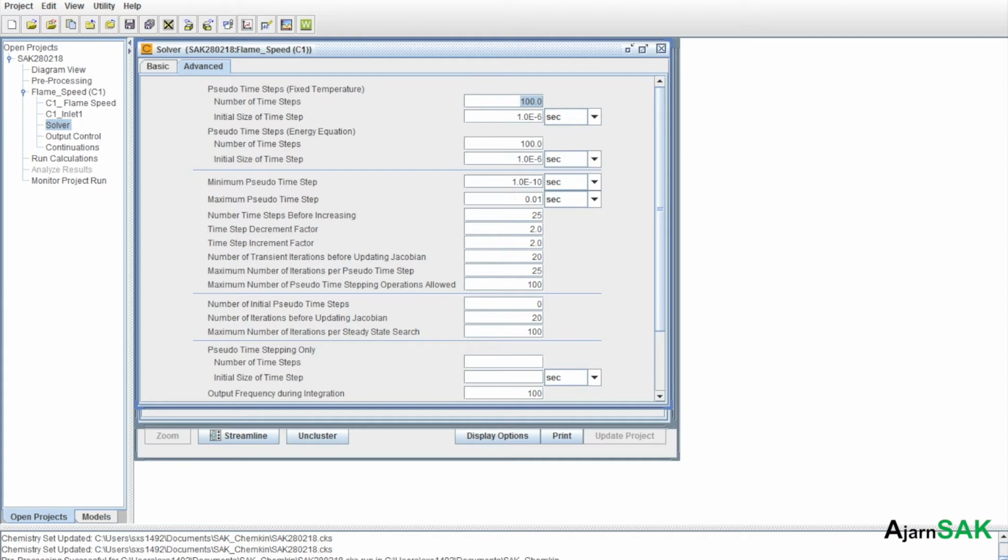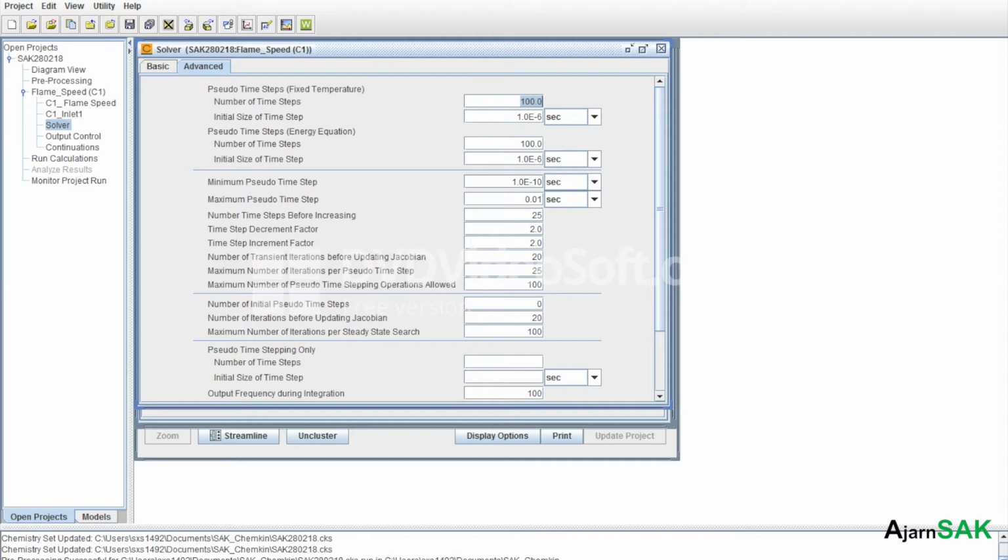It means that your initial time step is too large. Too long. The time that you give for one time step is too long. So you have to refine that time step.